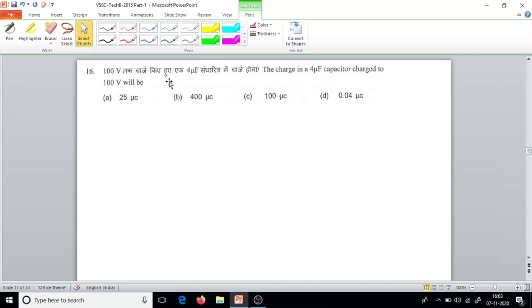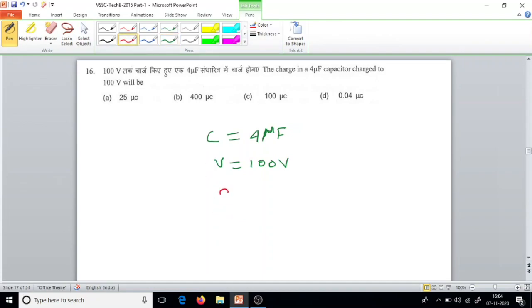Question number 16. The charge in a 4 microfarad capacitor charged to 100 volt will be. What is the value of C? 4 microfarad. And V equal to 100 volt.